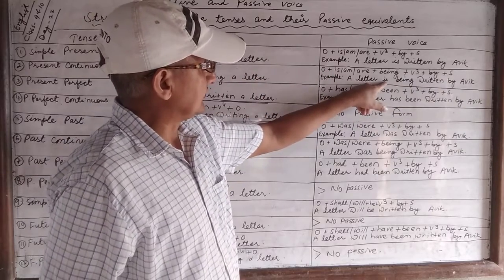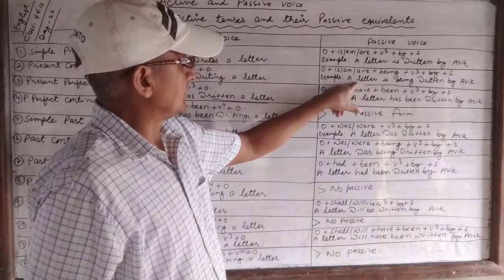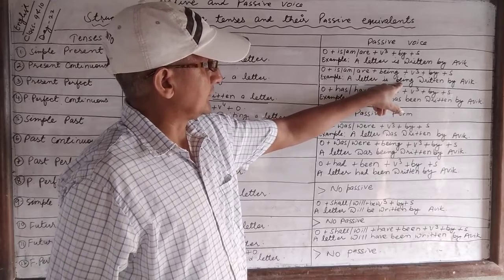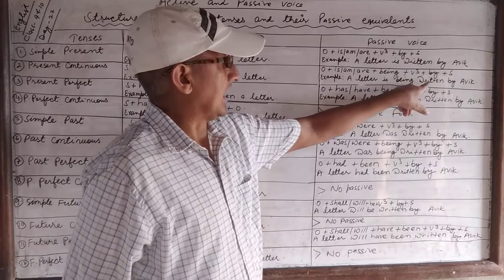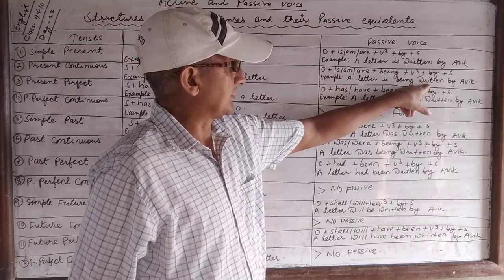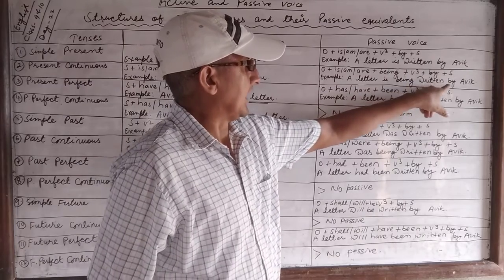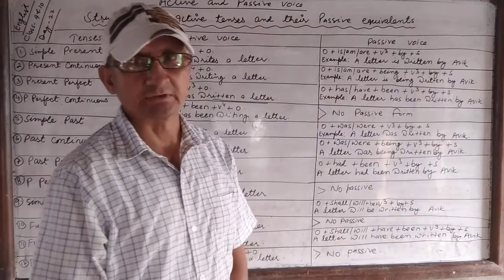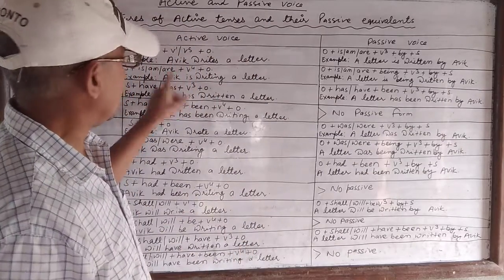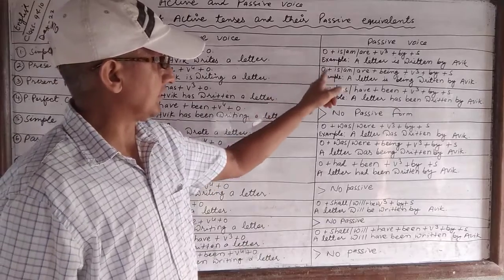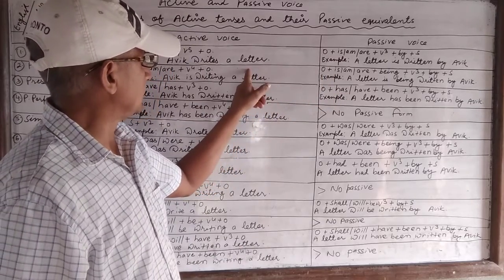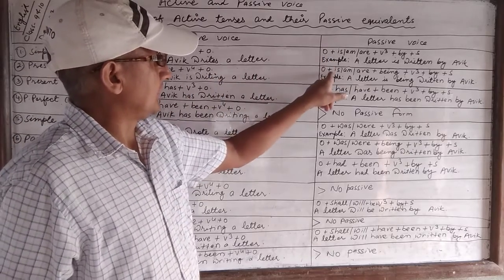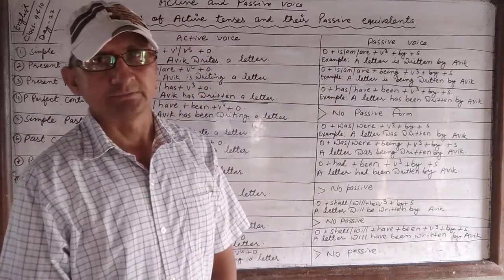We have used is with singular subject, and being in continuous tense we use being, and the third form of the verb, the past participle form of the verb, and then by and subject Avik, the subject of the active voice. In this way, we change active voice of present continuous tense into the passive using this structure.